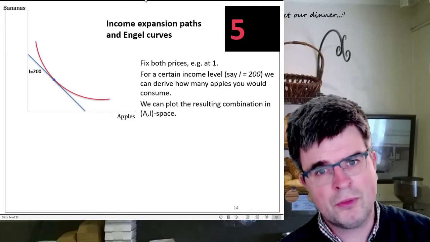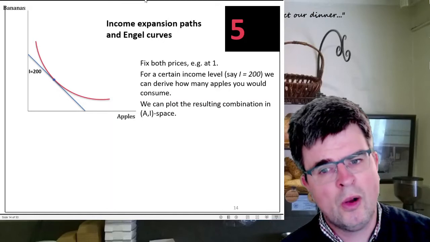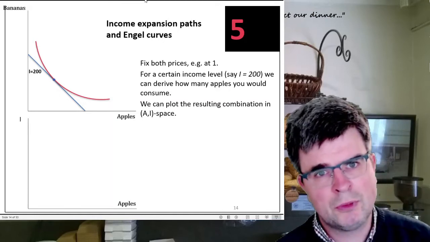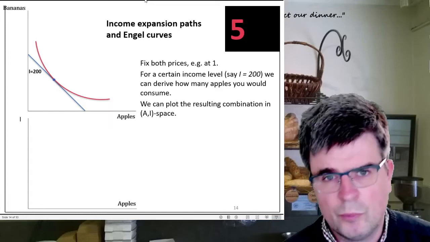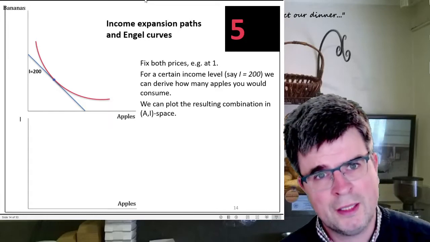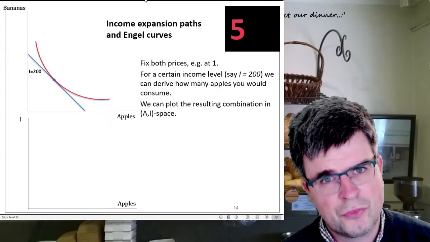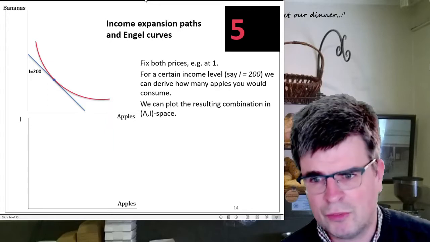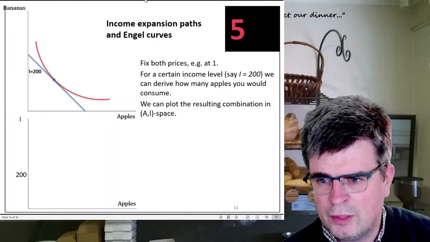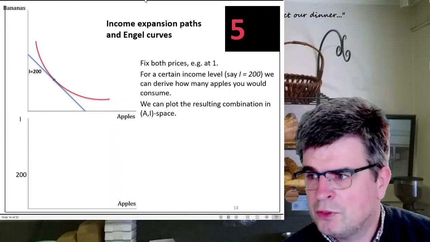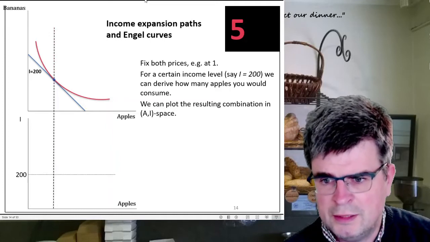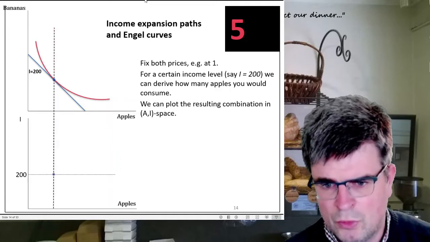And that result can be plotted into the AI space, where we focus on apples and we get rid of the bananas in this graph, which frees up the y-axis for denoting the income level. And we have one dot. We know that if our income is 200, then our consumption of apples is equal to this amount over here.